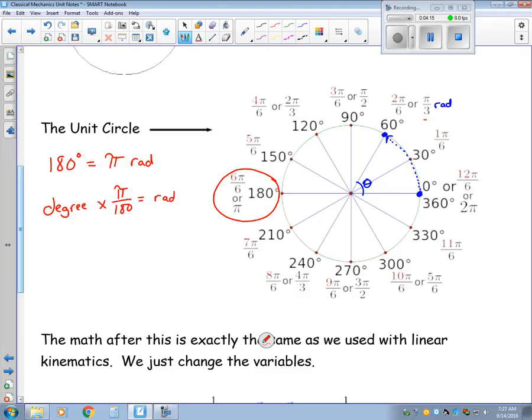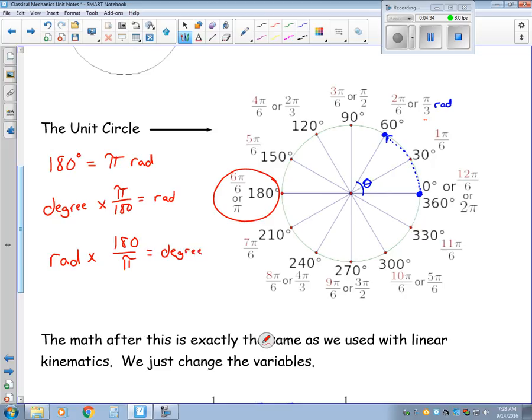Now this is backwards compatible, so if I take the radian and multiply it by 180, not 18, 180 over pi, that will give me the degree.